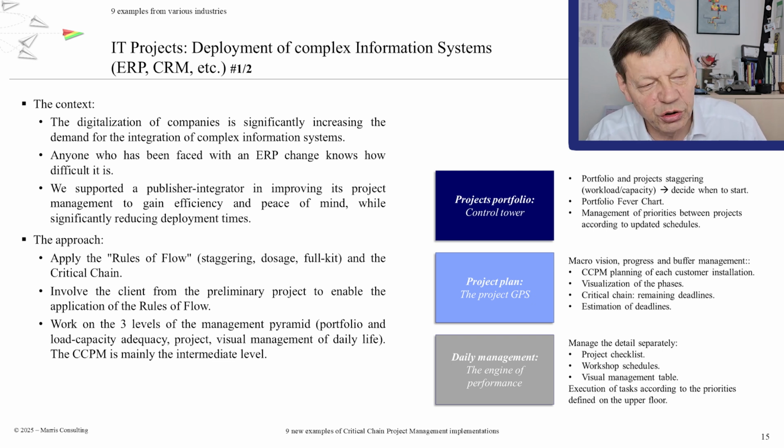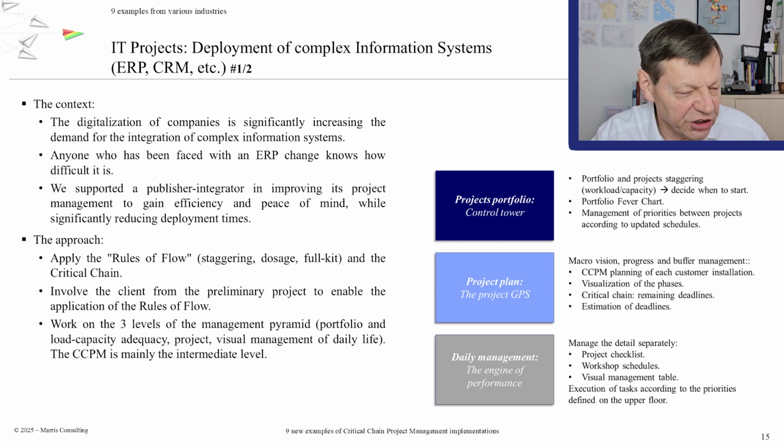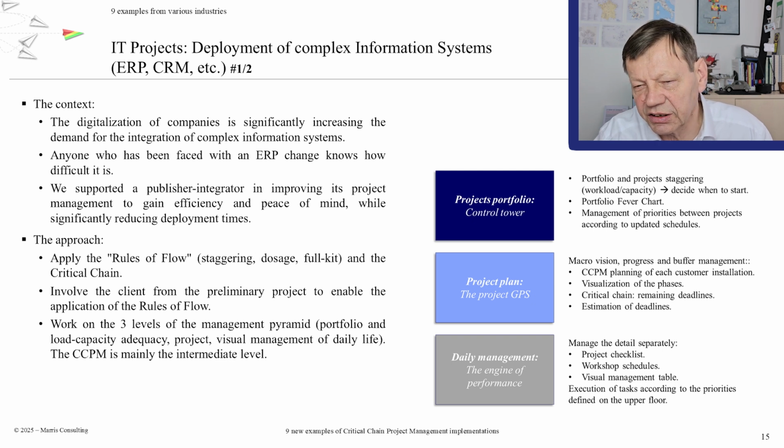This is the tool that you use to decide the project staggering. That's to say, the very important question of, if I win a new order, when do I start it? I don't necessarily start it as soon as I win it. I start it when the engineering department and/or the production department is ready to take it in, right? You don't throw things down the line. You make sure the resources are available. So we did do that.